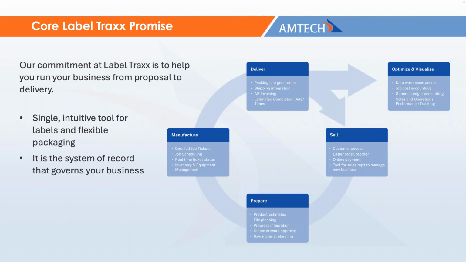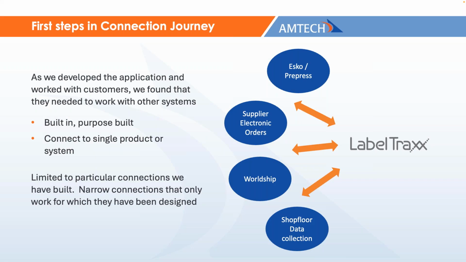Of course, even early on in our journey, we found that there were many places where we needed to integrate with other applications and processes to improve that story. And those included pre-press automation, supplier electronic ordering, shipping tools, and shop floor data collection.